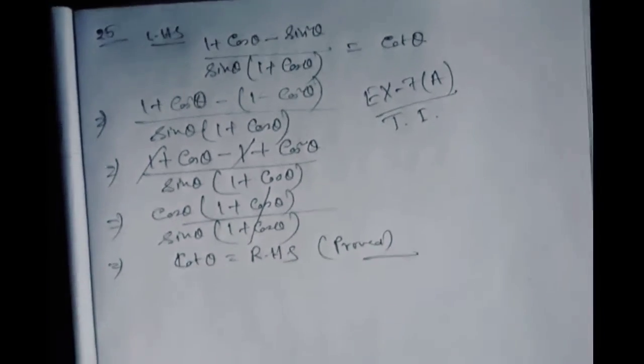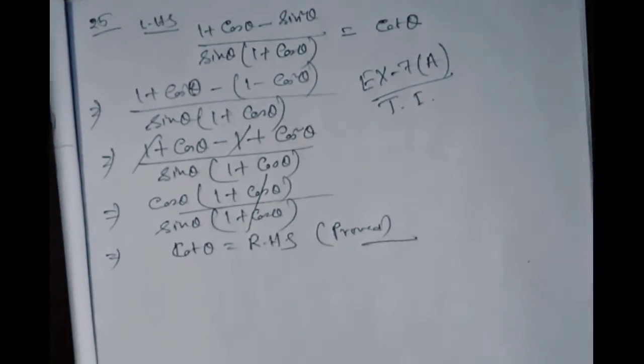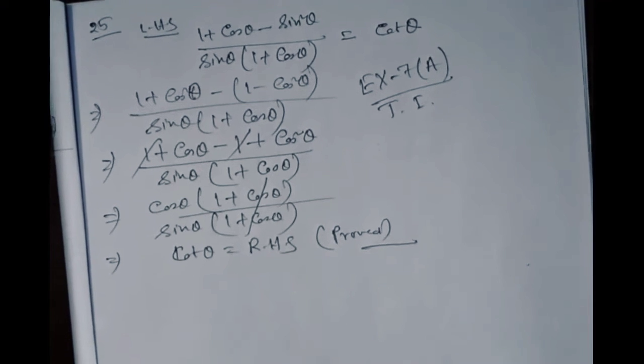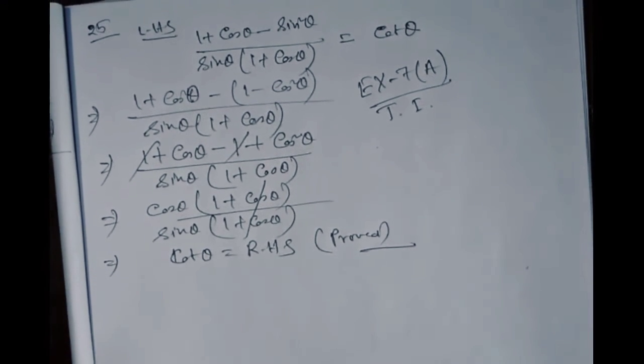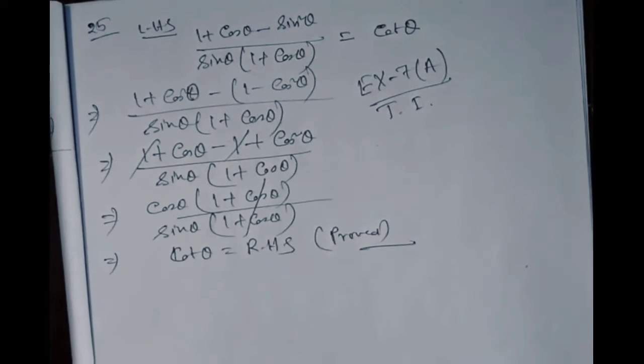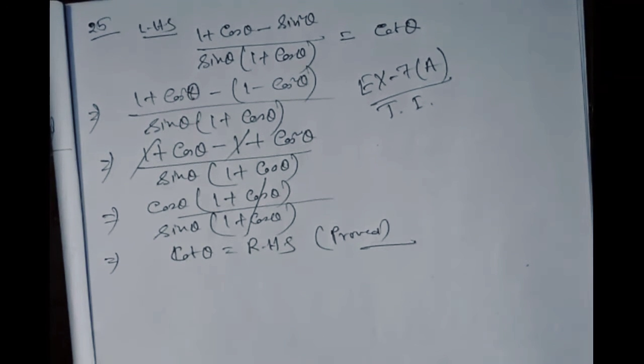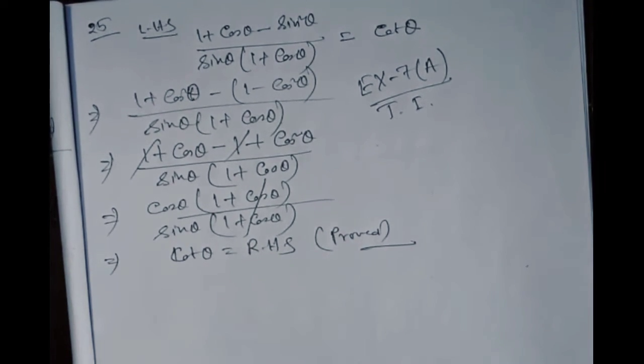As you can see from the picture, we are doing the class 10th CBSE board trigonometry chapter, trigonometric identities, and we have already finished up to question number 28 of exercise 7A.